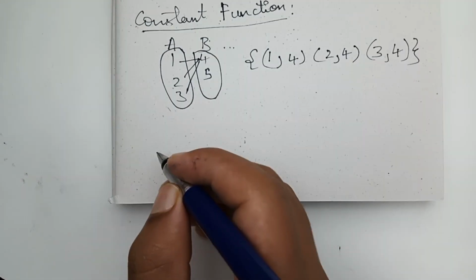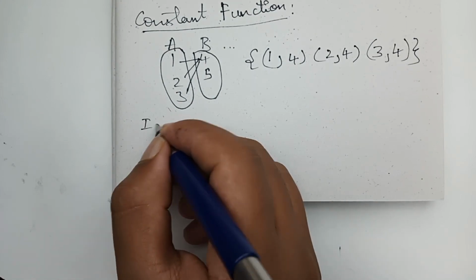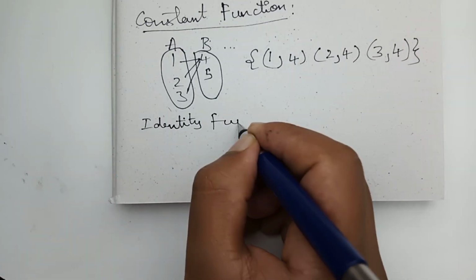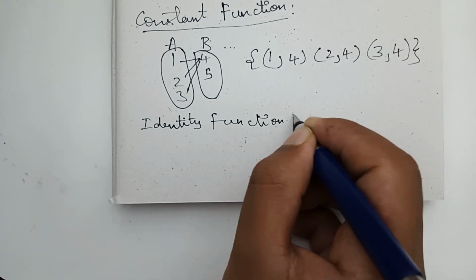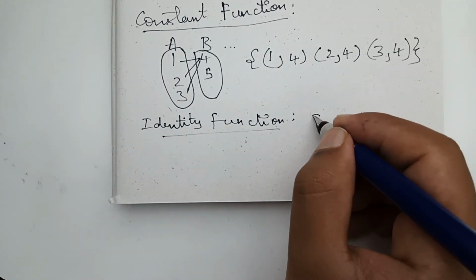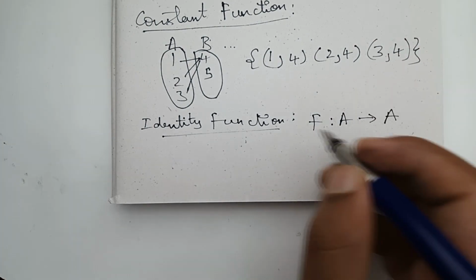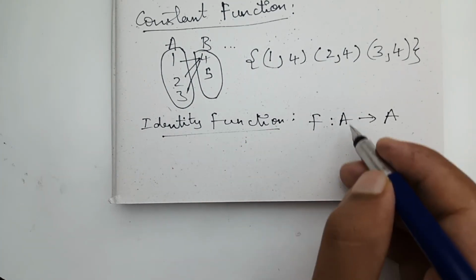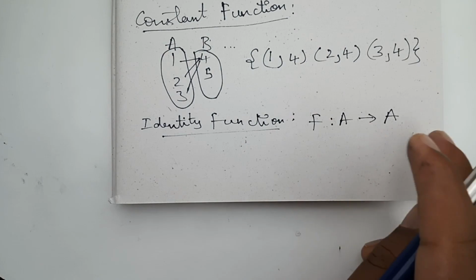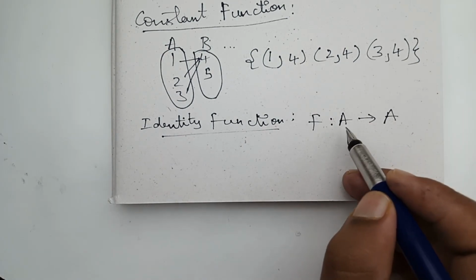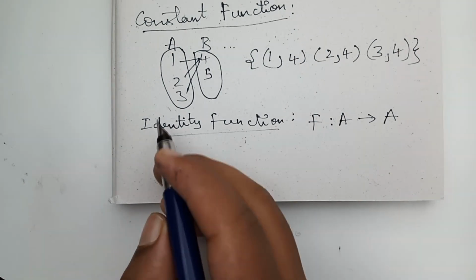Now we are going to talk about the identity function. f is from A to A. A to A means the same. There are two sets which are non-empty but have the same elements in them.